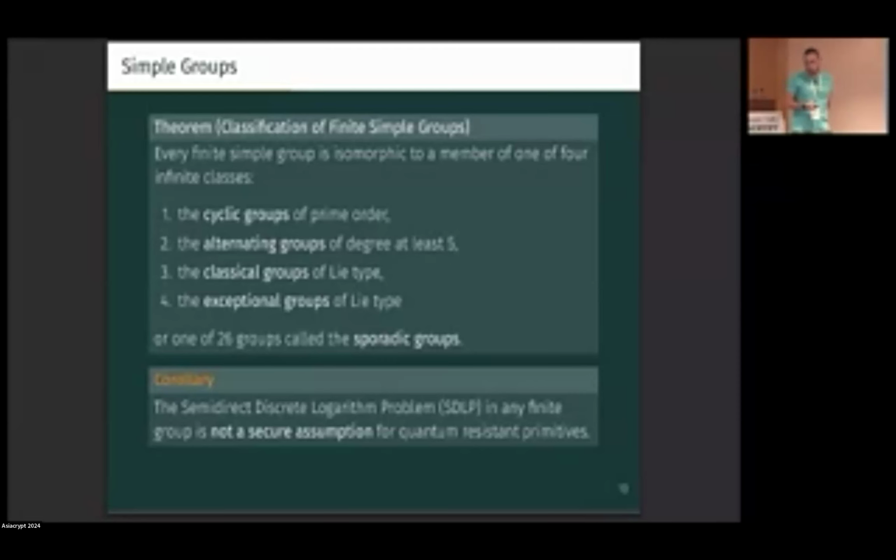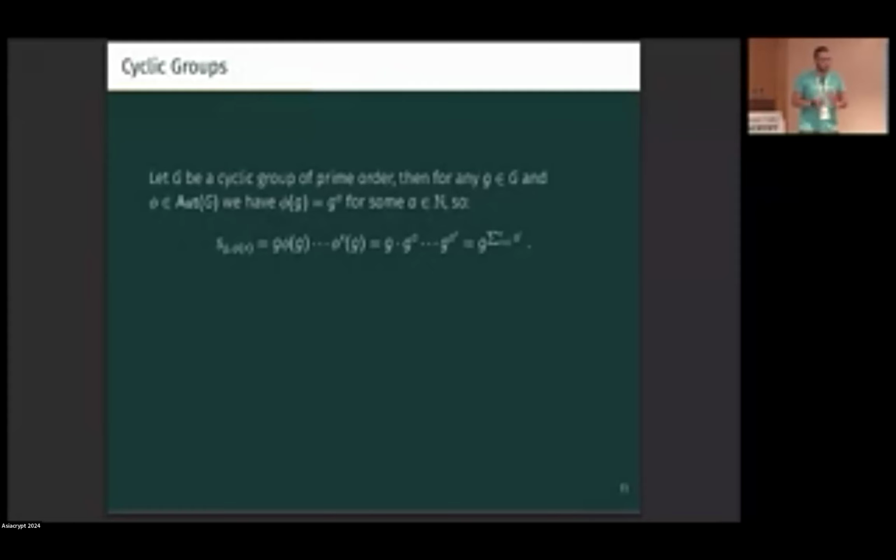So let's start immediately with a warm-up example that is the first item of the list, so cyclic groups of prime order. It was clear from the start that they were not secure. The observation is quite simple: since we are in cyclic groups, the automorphisms need to be exponentiation. And so doing the semi-direct exponentiation is essentially equivalent to doing the classical exponentiation for finite fields, just with a geometric series.